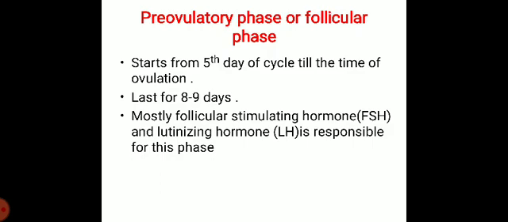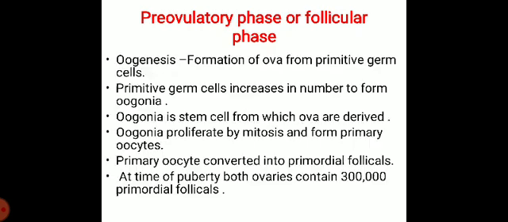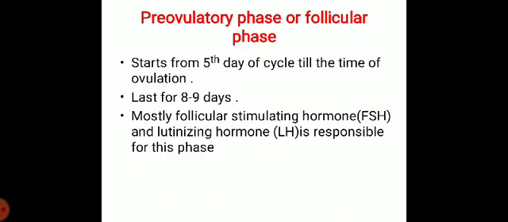Pre-ovulatory phase or follicular phase: this phase starts from the 5th day of the cycle till the time of ovulation. It generally lasts for 8 to 9 days but may vary from 10 to 25 days. Mostly follicle stimulating hormone and luteinizing hormone are responsible for this phase.